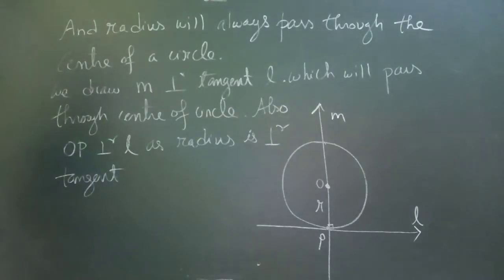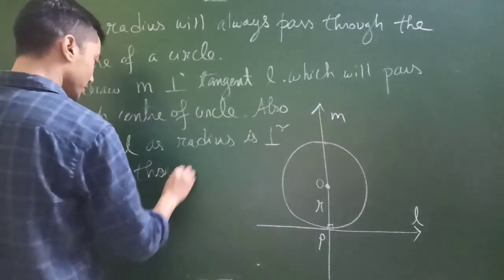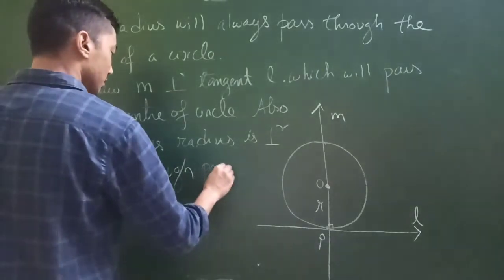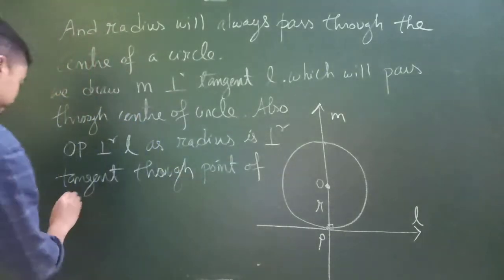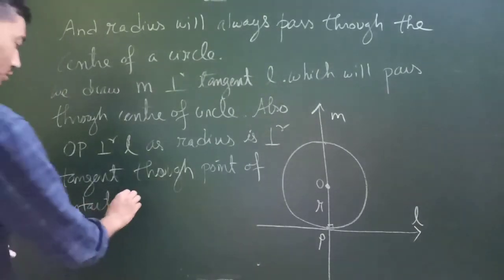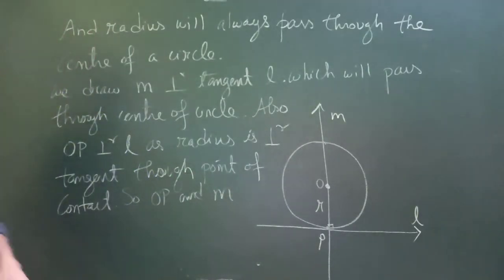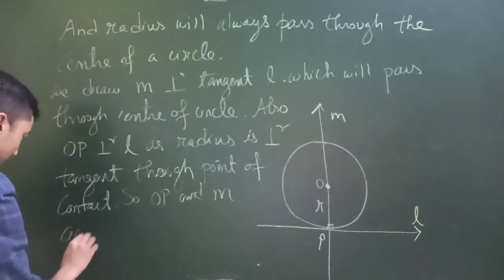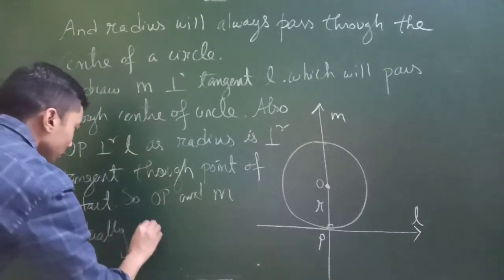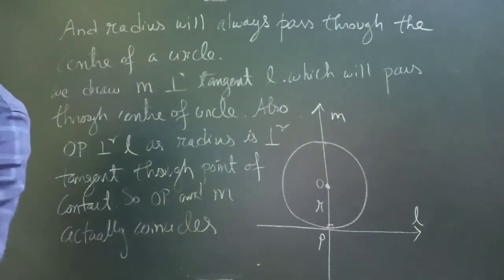OP perpendicular to L as radius is perpendicular to tangent through the point of contact. So OP and M actually coincide.